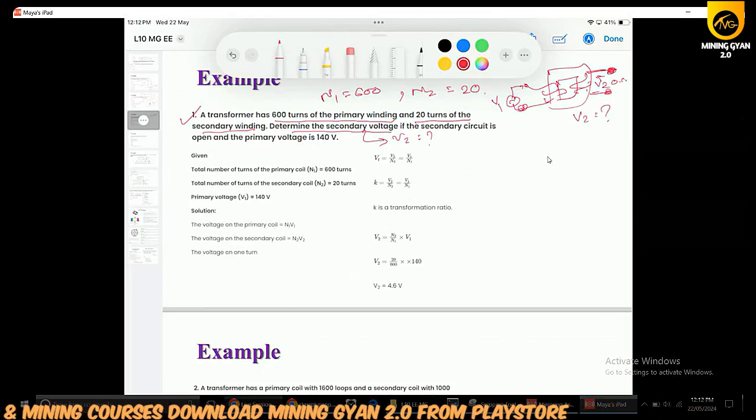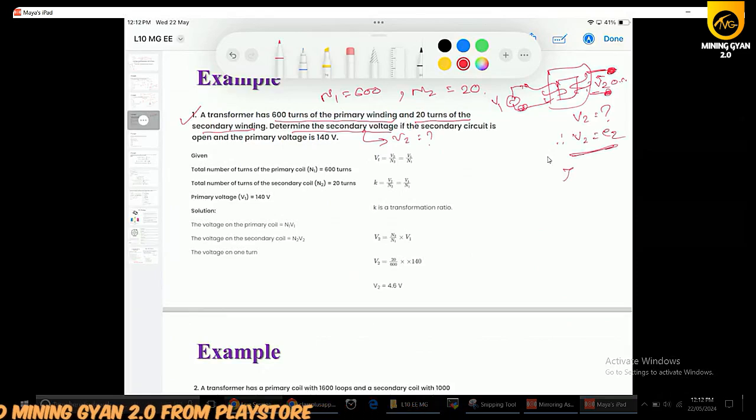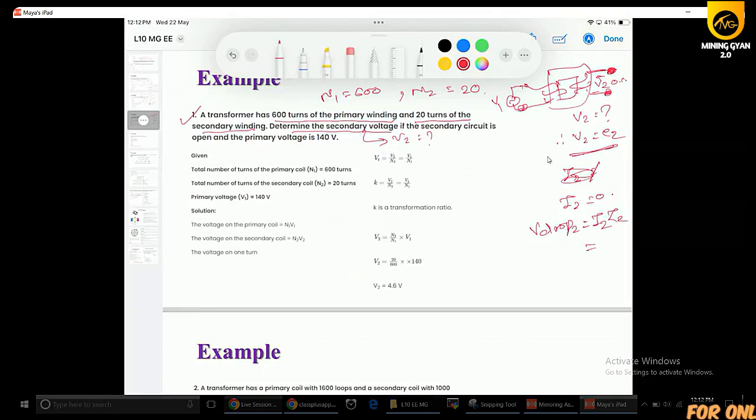As the secondary side is open circuited, V2 equals the induced EMF E2, because there is no flow of current, meaning I2 is 0. When I2 is 0, the voltage drop at the secondary side, I2 Z2, will obviously be 0, and hence E2 equals V2.